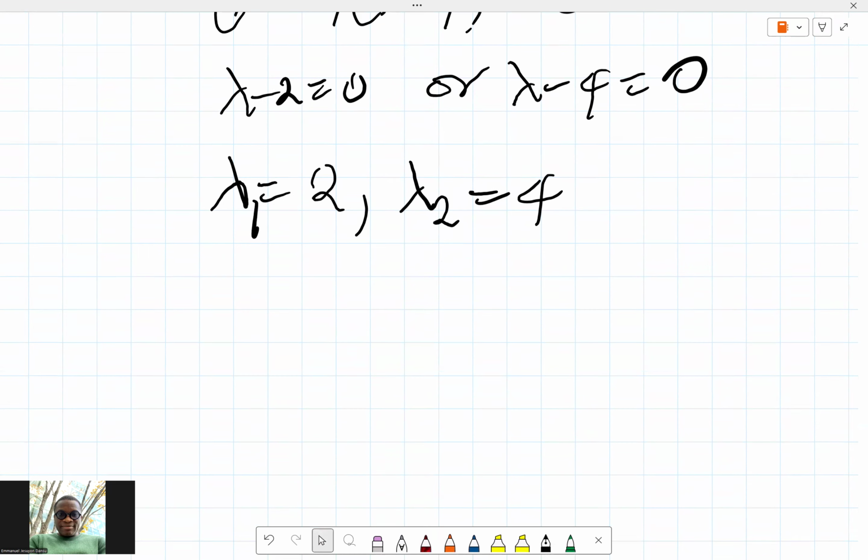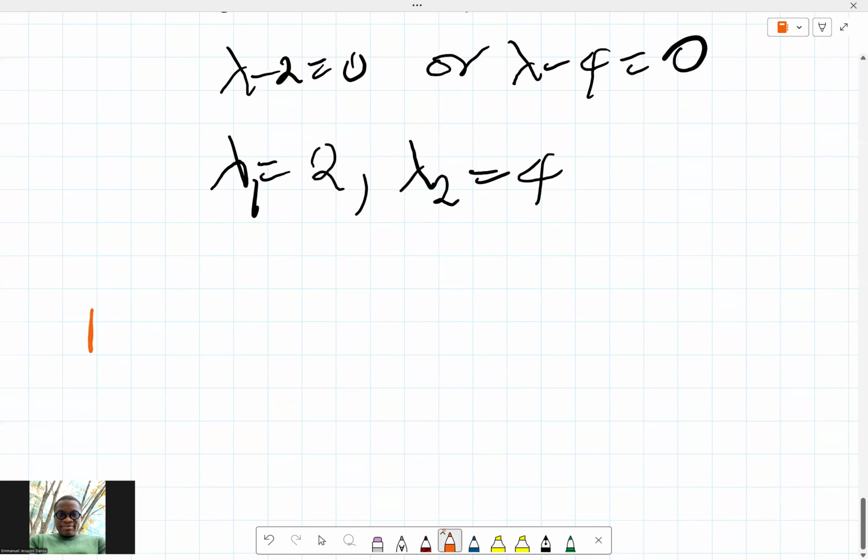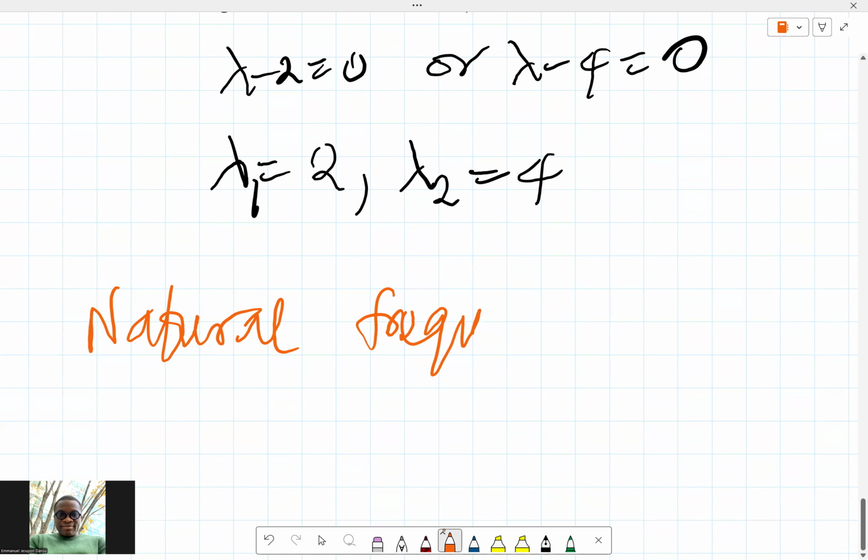So talking about the natural frequencies now. We got the formula the other time. The natural frequencies would be the square root of eigenvalues.